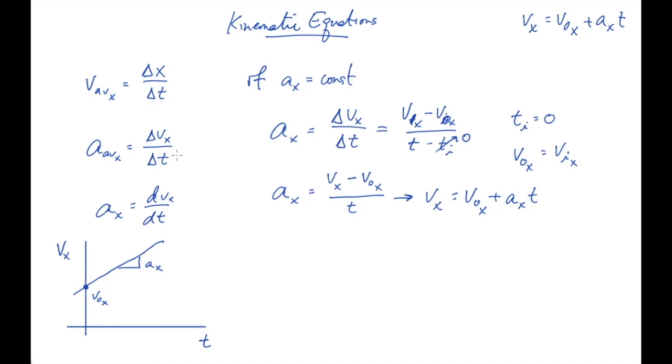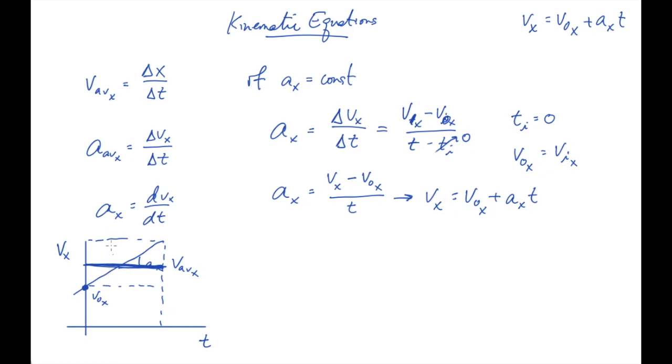Now if I want to know what the average velocity is between 2 times, suppose I have this time and I'm going to pick some later time here, and I want to know what the average velocity is between these 2 things. Because I have a linear function, I know that the average is going to be right in the middle, right here. That's going to be v average x. I can now write 2 expressions for the average velocity.